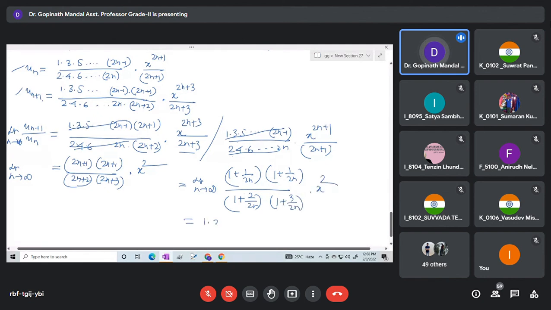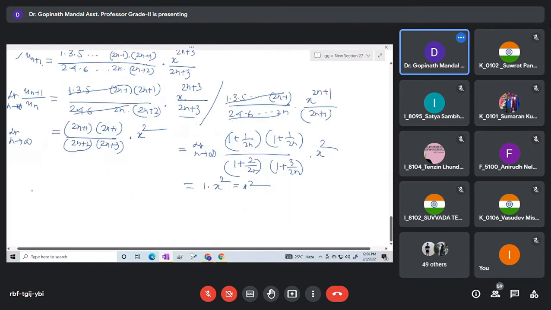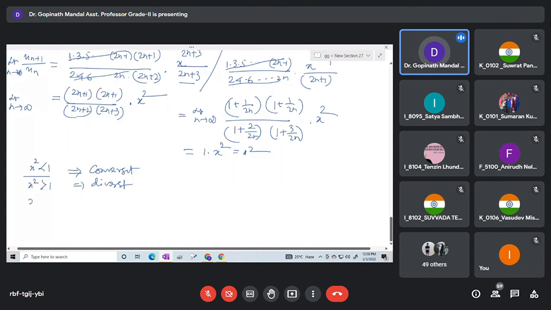So the limit is 1 into x square, that is x square. When x square is less than 1, the series is convergent by D'Alembert's ratio test. When x square is greater than 1, the series is divergent. But when x square equals 1, D'Alembert's ratio test fails.